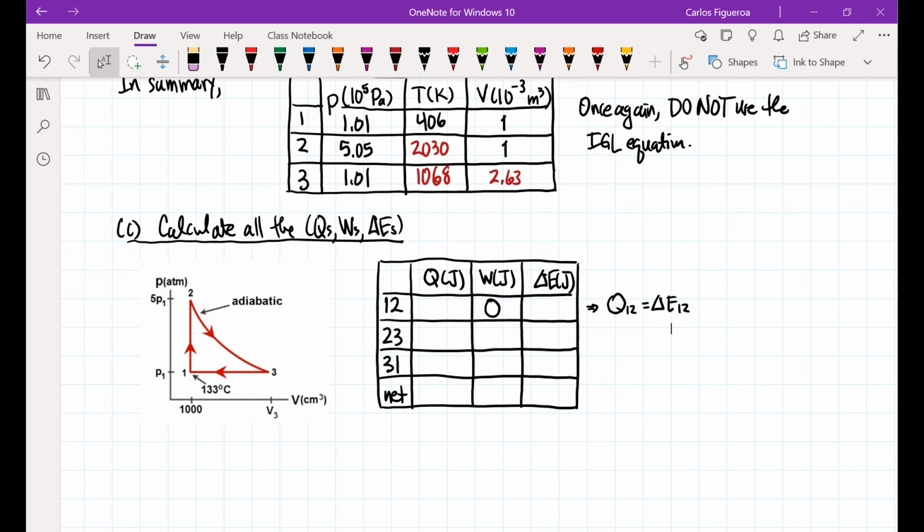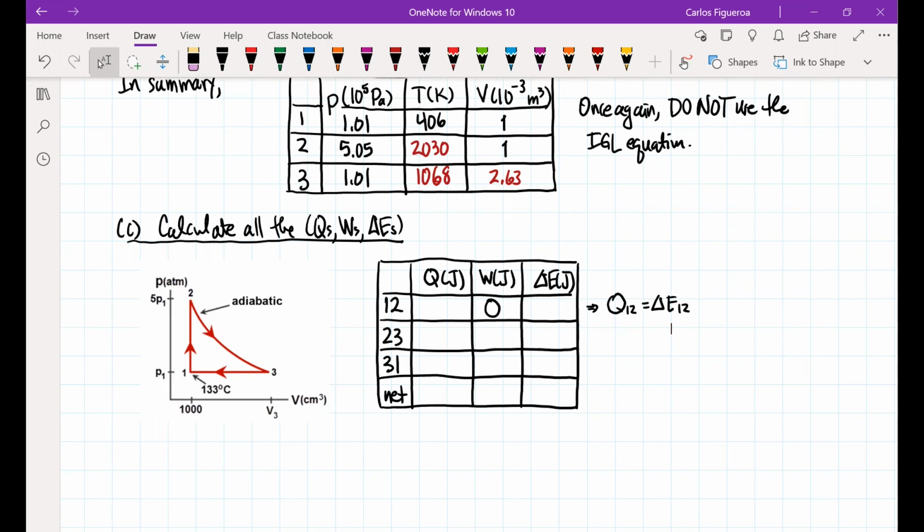So now that I have that, here's what I want to do. I want to go in and start calculating these values. I'm going to start with the first cycle, so I have my isobaric process from 1 to 2.